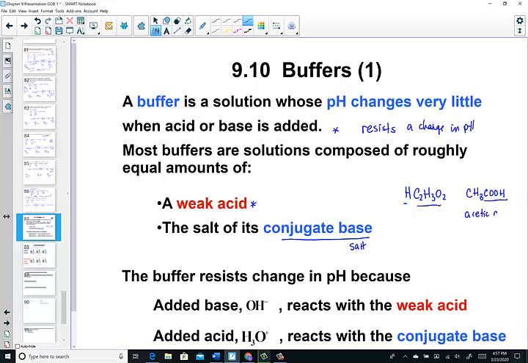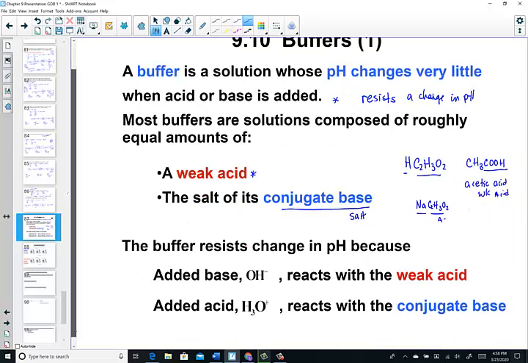It's for acetic acid, and that's an example of a weak acid. And a salt that shares the same last name could be sodium acetate, NaC2H3O2. Acetic acid is a weak acid, and sodium acetate would have its conjugate base, A negative.